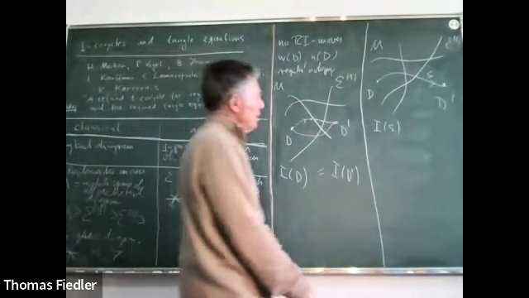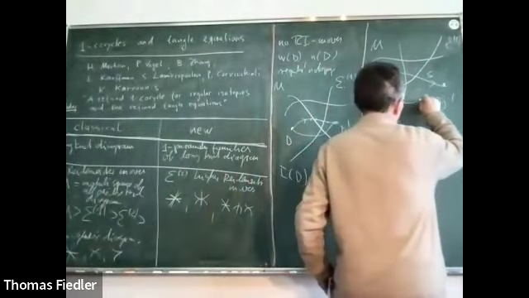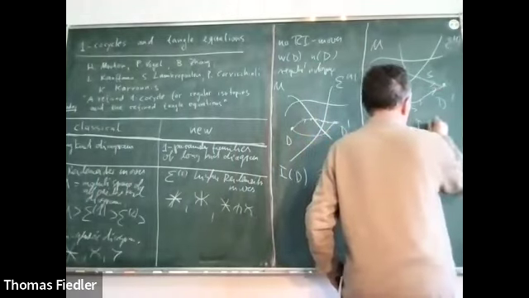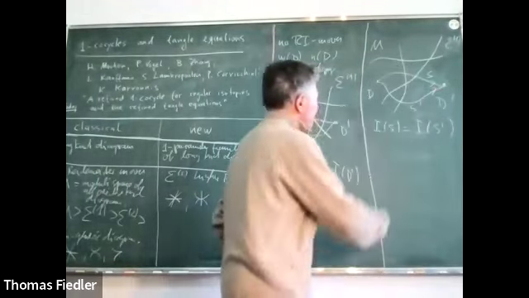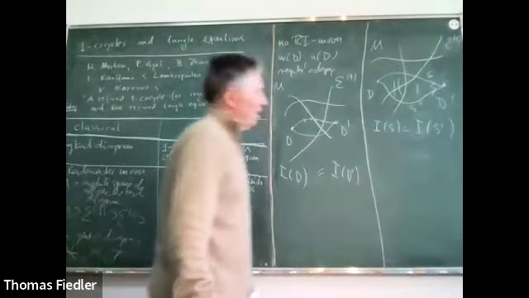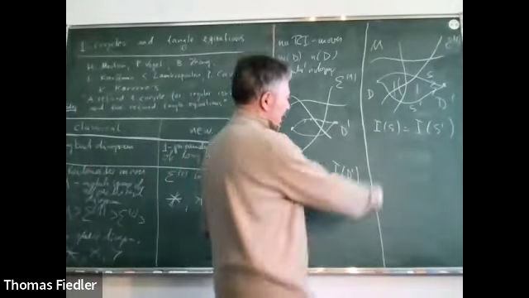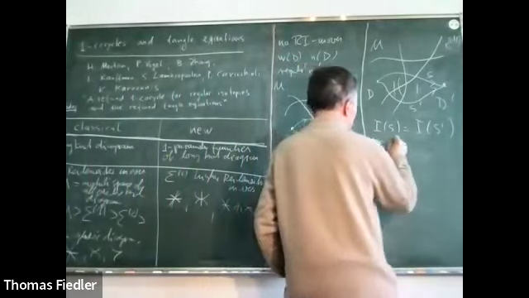And what we want, if we take another path S prime which is homotopic to that, is that this gives the same thing. If we have this property, then I is a one-cocycle.